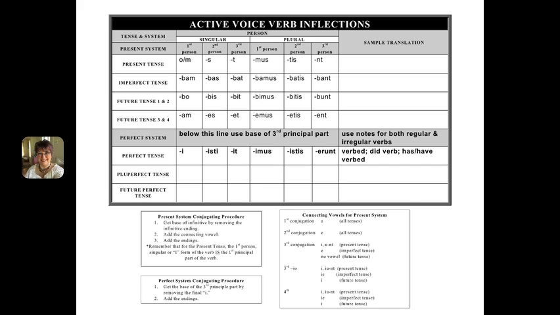For the first person singular, we are very attuned to seeing O or M on the end of the verb ending, the inflection, to indicate that the subject is I, but the perfect tense does not use O or M, instead it uses the letter I. It also does not use the letter S, which we see prominently on the end of every present system verb inflection.